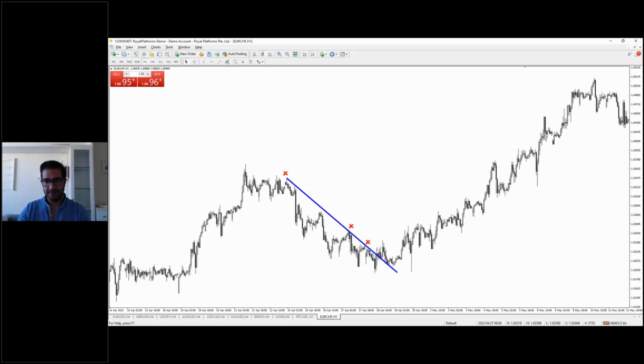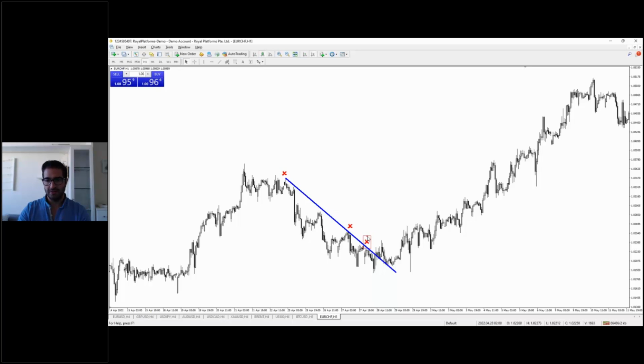If we look at this trend line, it is obvious we are in a downtrend. So this is one way to use the trend line. Once we have a breakout, we have a change of direction. So here we have a breakout, and then once we have a breakout, the market changes direction.